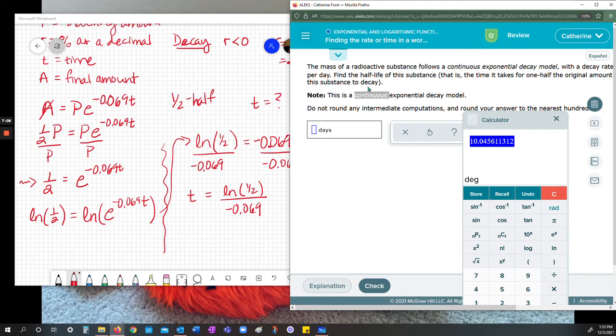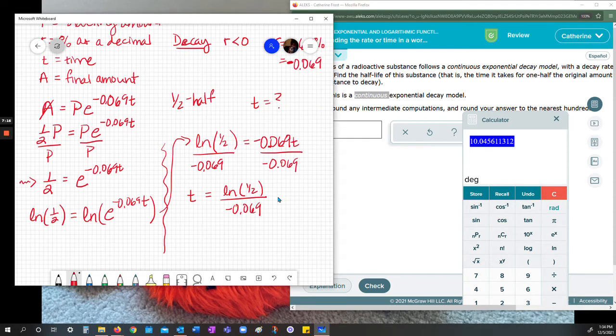And that was days, since the decay rate was per day, so not that it matters. 10.05.